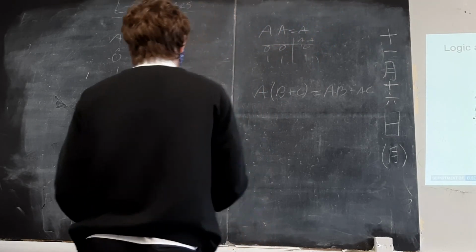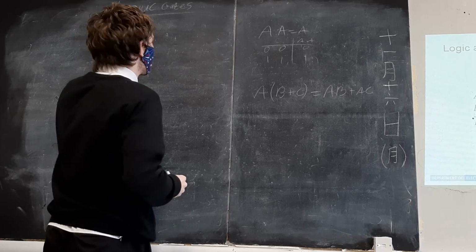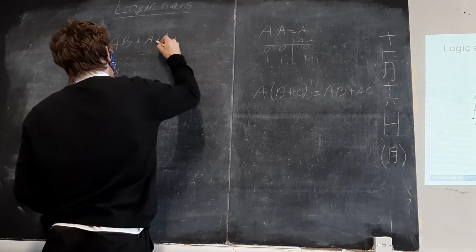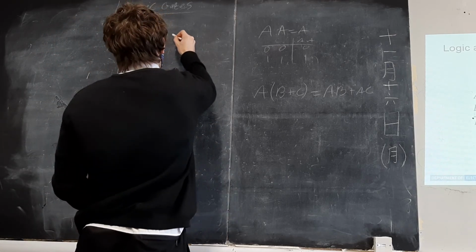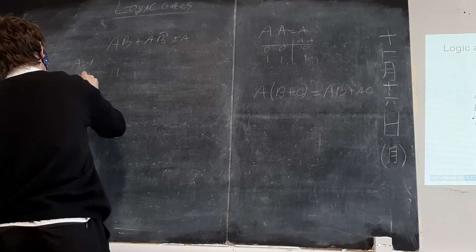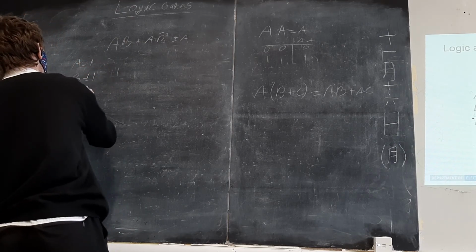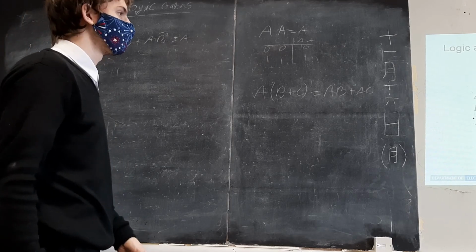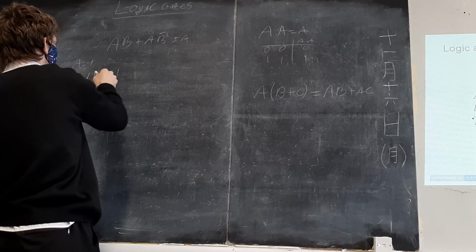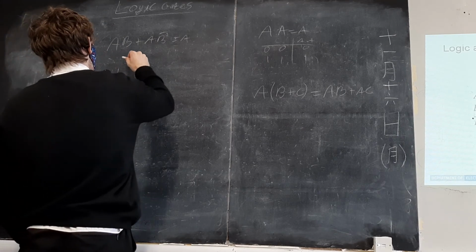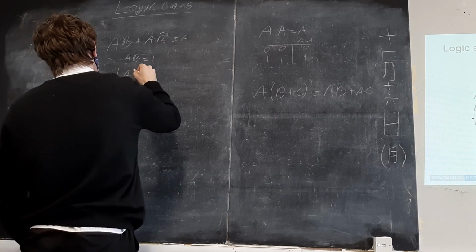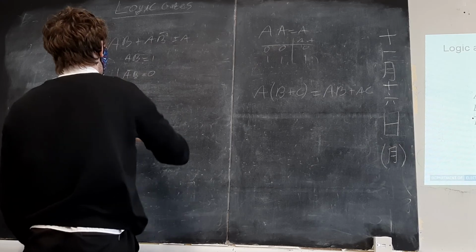There's a lot of laws after all. You have A and B, or A and not B, is equal to A. So if A is equal to 1, B is also equal to 1, B not is equal to 0. AB is equal to 1 because they're both true. A not B is equal to 0.